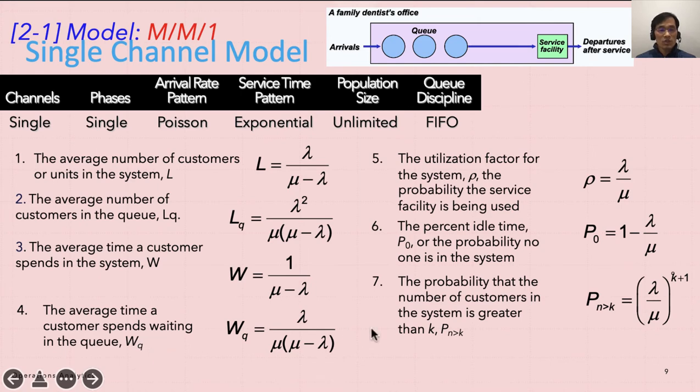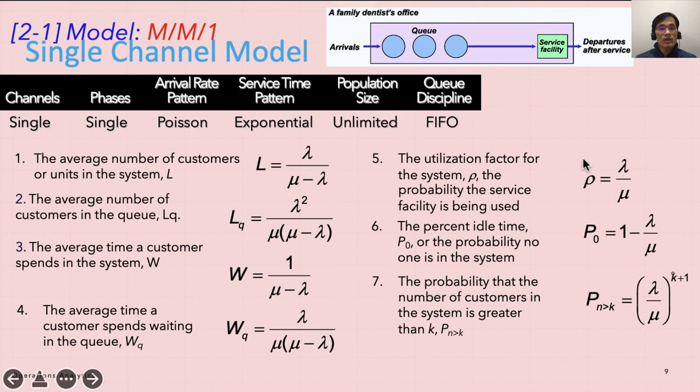The fifth one is the utilization factor for the system, rho, the probability the service facility is being used, so how much it is being occupied by the service.